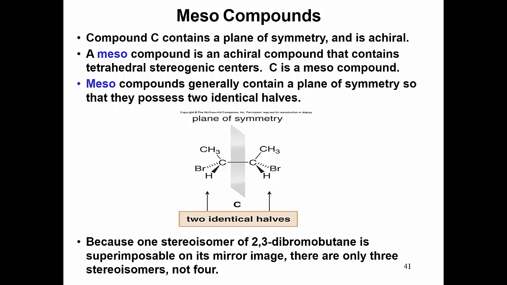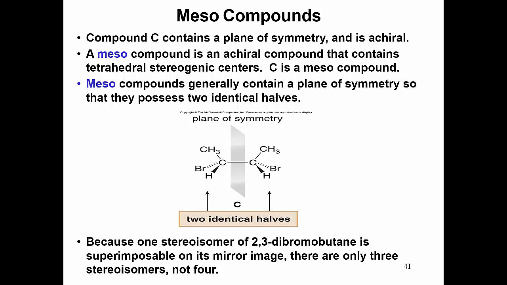And of course, just to recap, there are only 3 stereoisomers when one of the stereoisomers is a mesocompound. You can't reflect it and get another compound, so there's only 3 stereoisomers of 2,3-dibromobutane.